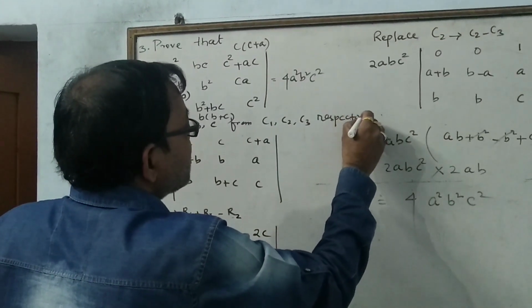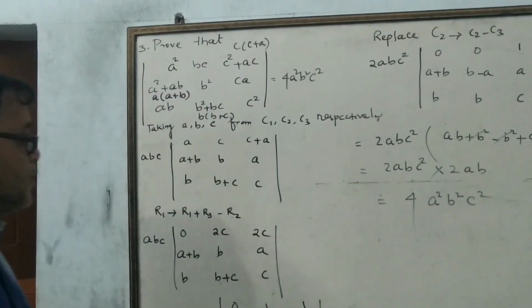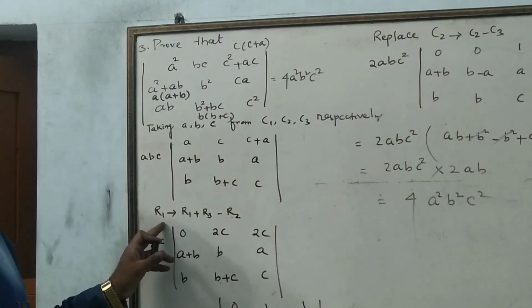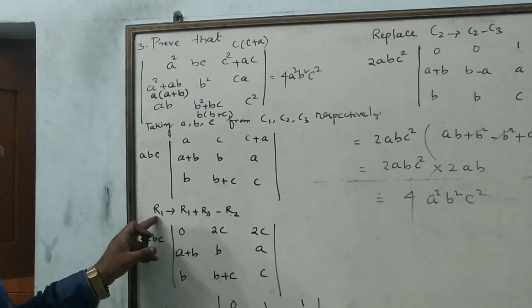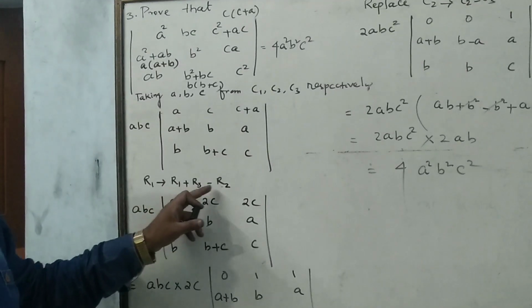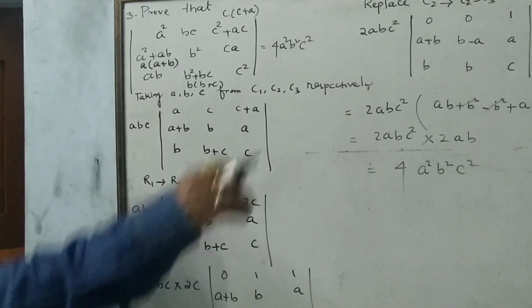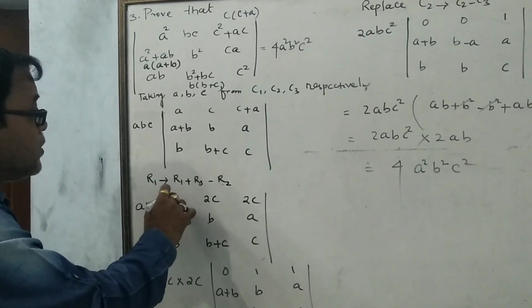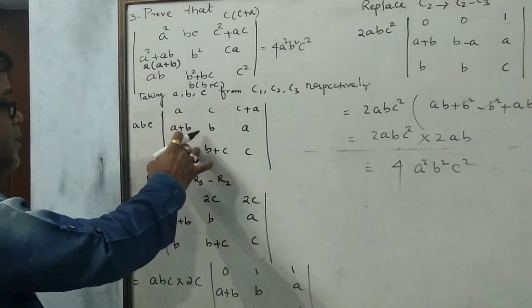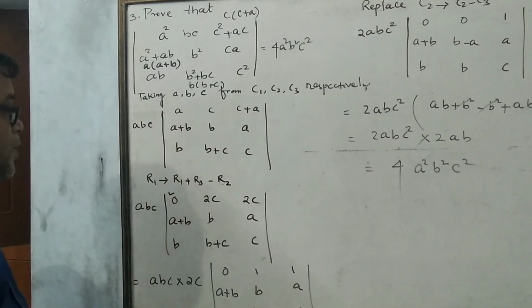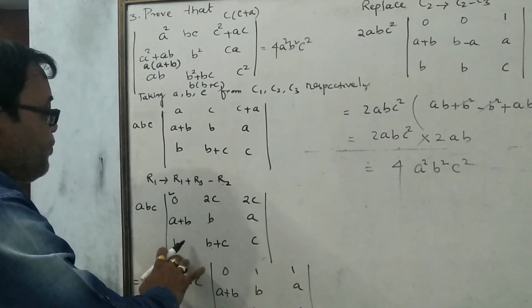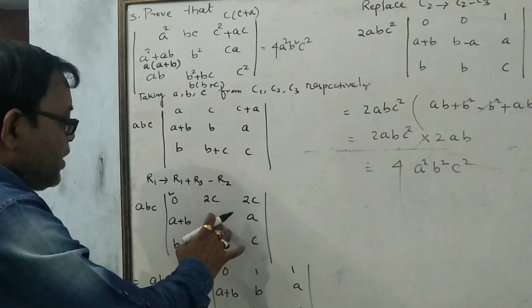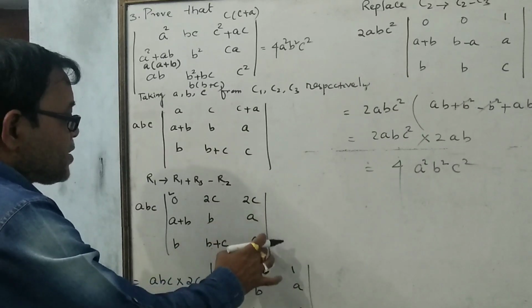Okay. Then the third step: replace R1 as R1 plus R3 minus R2. Then the column 1 becomes 0, because of a plus b minus a plus b is 0.